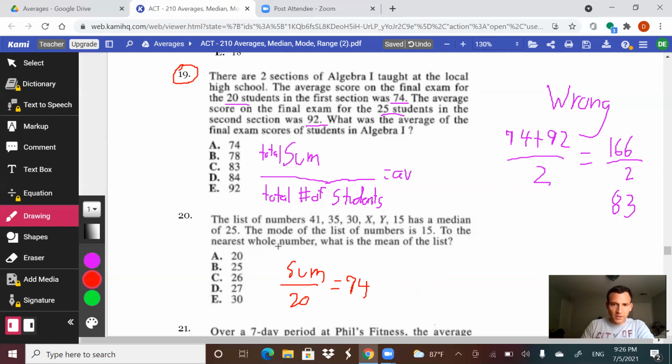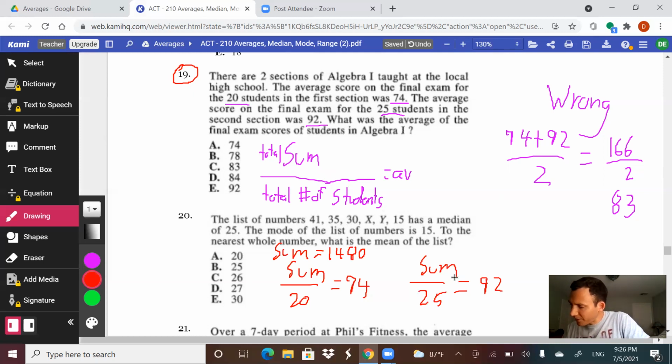So 1480 is the sum for this one. And on this other one, we have 25 students averaging a 92. 25 times 92, we're looking at 2,300.